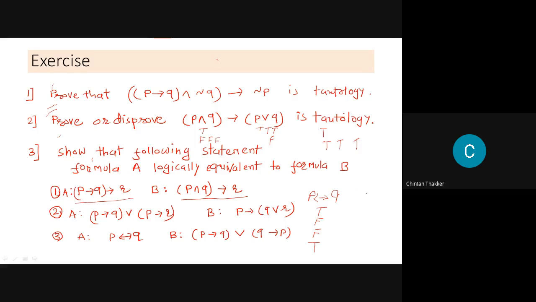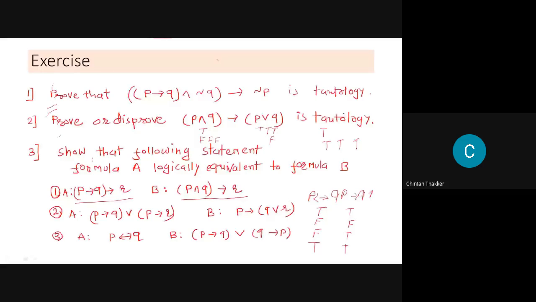Then P implies Q: it is T, F, then T, T. Then Q implies P. First Q is T, P is T, so we have T. Q is false, so it is true.